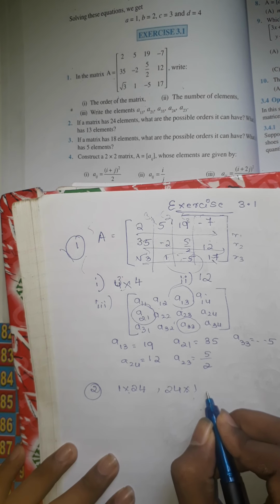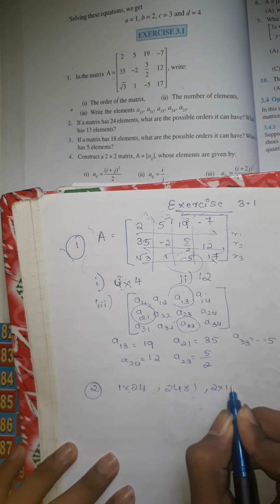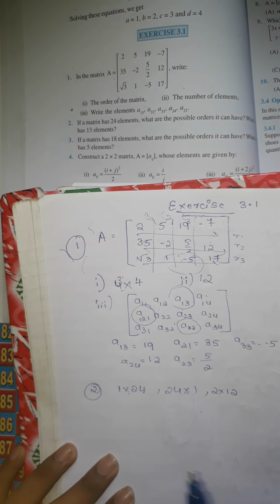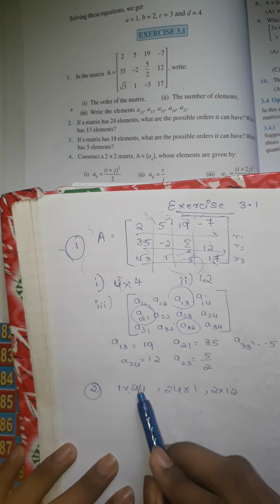Two 12s are 24. They are asking for the factor pairs whose product is 24, the number of elements.